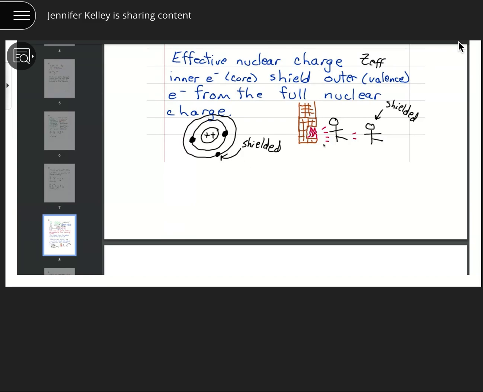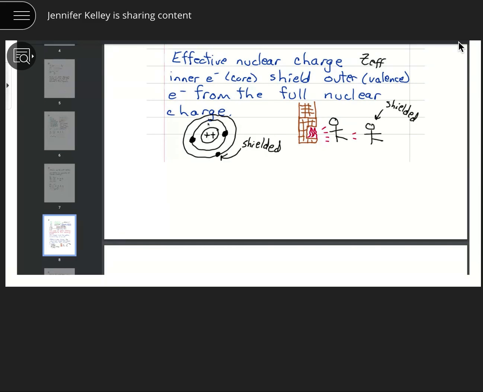All right, so then you get that the big guy's getting all of the heat. Notice the little guy's getting shielded somewhat. He's not getting as much heat. You look over at the picture of the atom on the left, it's the same idea. The nucleus has the pluses, and those are like the fire. So it's the pull of the nucleus.